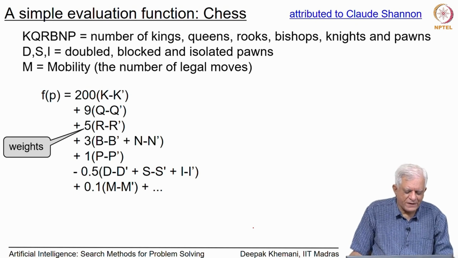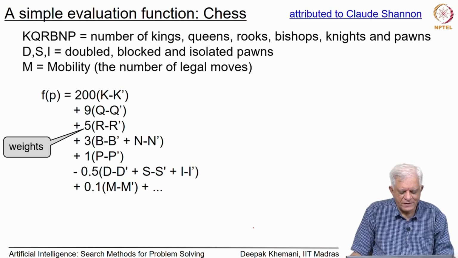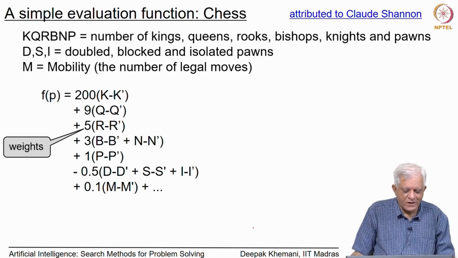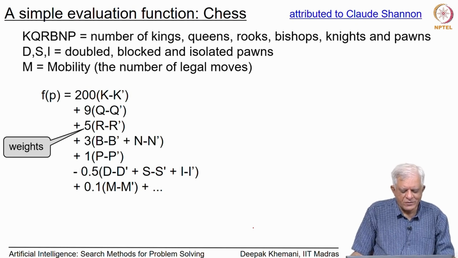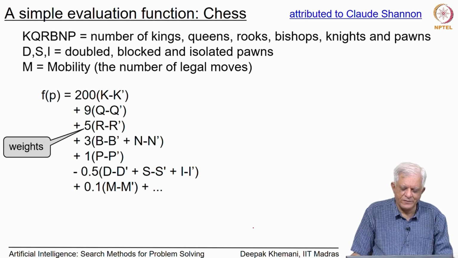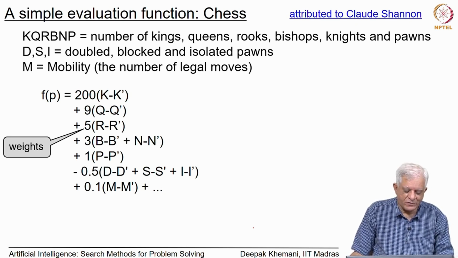Obviously, in the case of king and queen, at least in the beginning of the game we have only one queen. Towards the end of the game you may have 2 queens if a pawn gets promoted to a queen. If both of you have a queen on the table, then it amounts to equal. So, Q minus Q prime would be 0, but if one of you did not have a queen, then it would add up to the evaluation function.